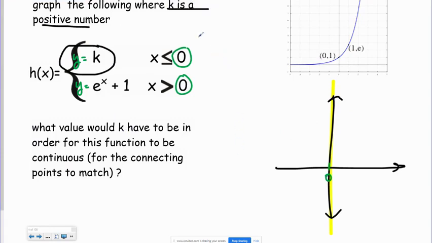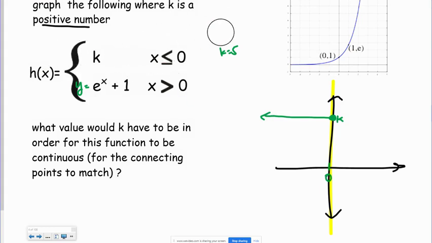So k could be 1/2, k could be 2, k could be 5, whatever it is, that's what y equals. So what I know about this graph is it's just a horizontal line at k, wherever k is. Is it a solid circle or an open circle at x equals 0? Well, this equal sign tells me that it's a solid circle. So I know my picture looks like that on the left side of 0.